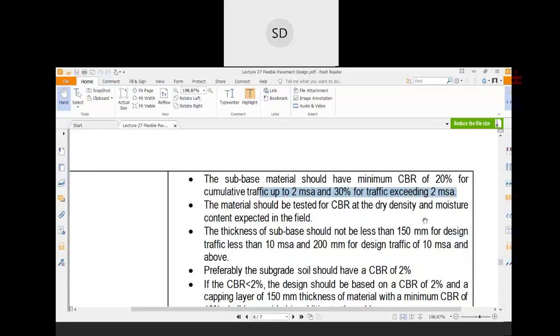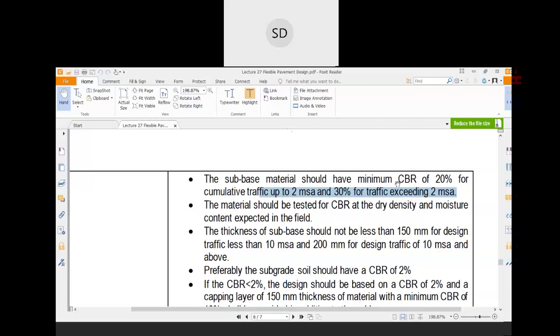So first you have to find out the total traffic. After that, you have to find out the CBR value for the subbase course. If your cumulative standard axle is 2 MSA, a CBR value of more than 20% is required.